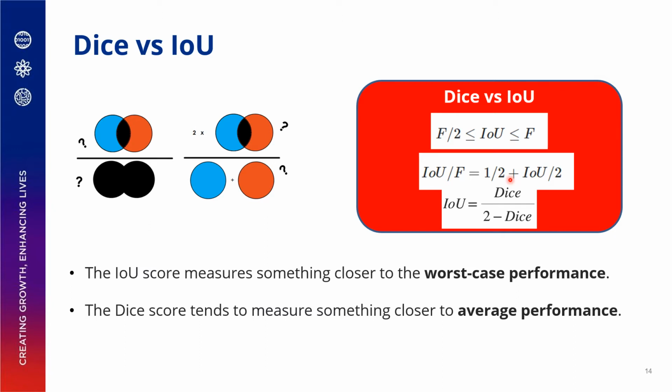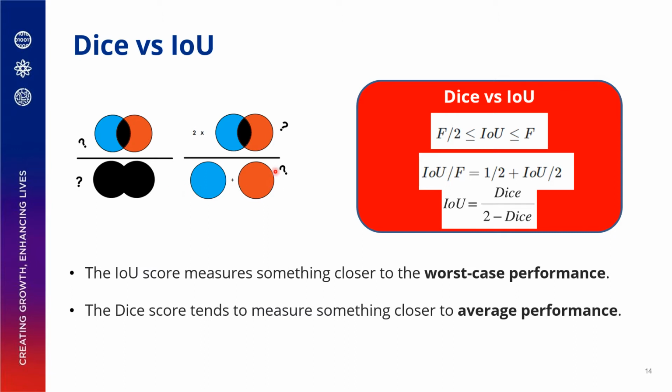There's one additional thing I would like to mention. If you remember your equations, what happens if you had an image, let's say an image of walls where you're trying to detect a crack, and there was an image without any crack, so even the ground truth had absolutely no crack?